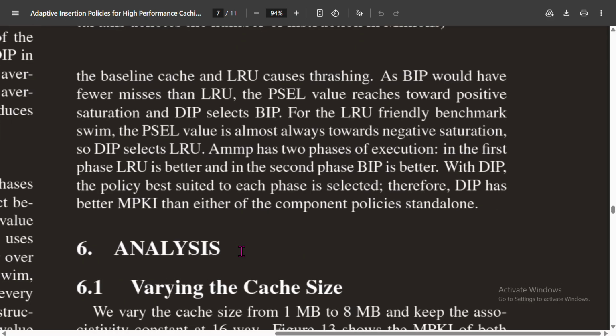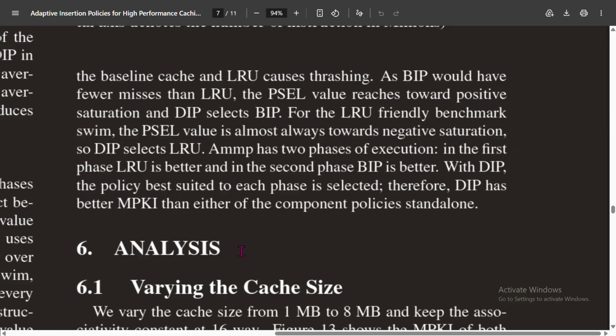As BIP would have fewer misses than LRU, the PSEL value moves toward positive saturation and DIP selects BIP. For the LRU friendly benchmark swim, the PSEL value is almost always towards the negative saturation, so DIP selects LRU.